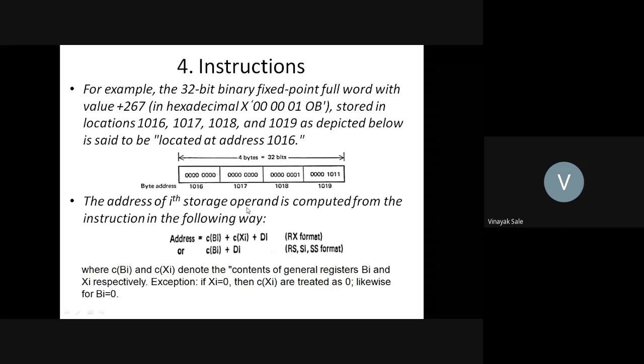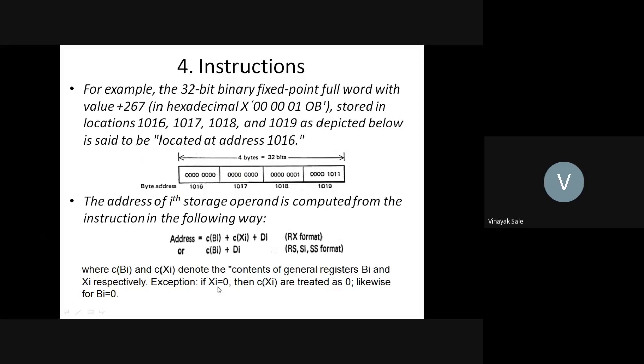So the address of the ith storage operand is computed by this formula: Address is equal to C of Bi plus C of Xi plus Di. Here C of Bi and C of Xi denote the contents of general registers Bi and Xi respectively, where Bi is the base index and Xi is the hexadecimal index.